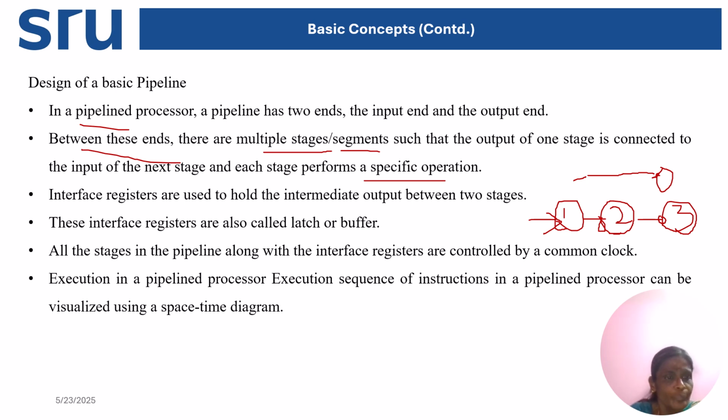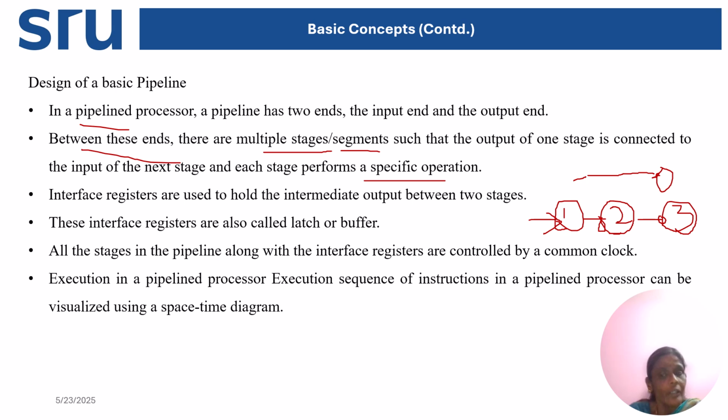Next, interface registers are used to hold the intermediate output between the two stages. These interface registers are also called latches or buffers. Normally we are talking about taking in the input data and giving out the output data.